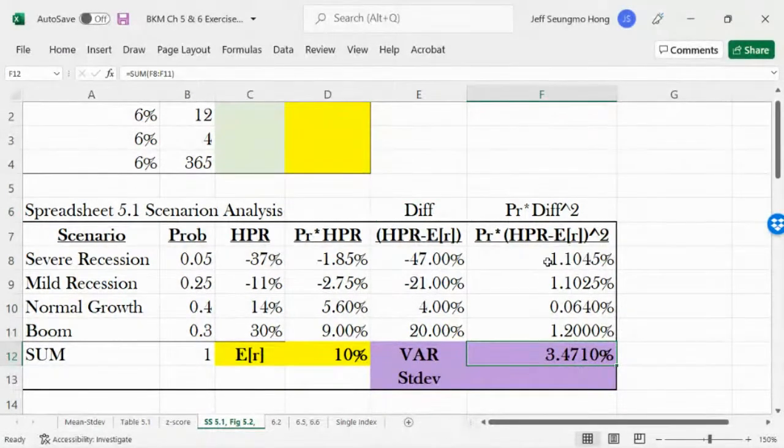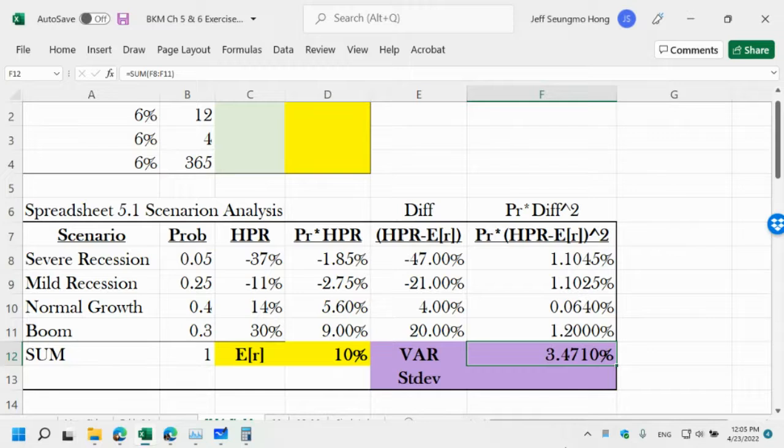And the sum of all those probability weighted squared difference terms is the variance. Okay, and so variance is like the average deviation from the mean, but that's not the life-size picture. It's the blown-up picture. This is a blown-up picture, not the life-size picture of the average deviation from the mean, from the expected return, because it's squared. It's blown up, but we know how to revert it back to the life-size picture, right? Why?